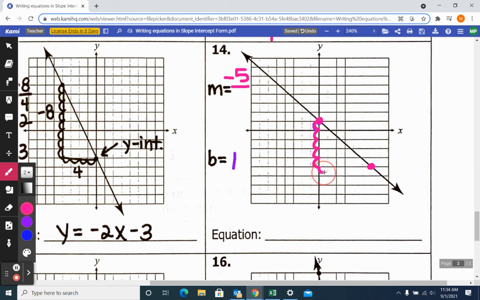And then we go over 1, 2, 3, 4, 5, and 6. Does negative 5, 6 reduce? No. So I write my equation, y equals negative 5 over 6x, and then plus 1.